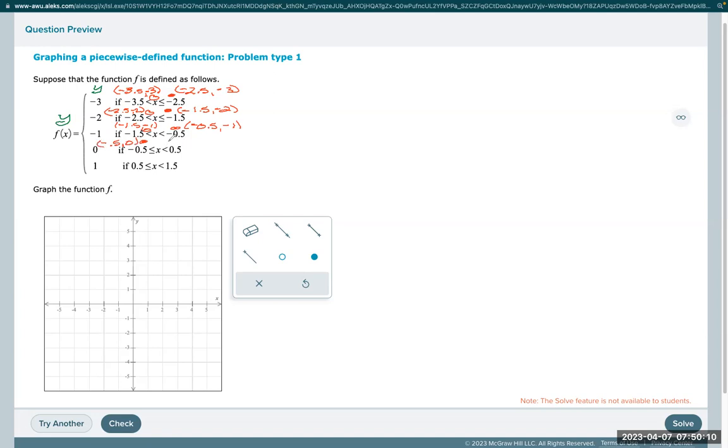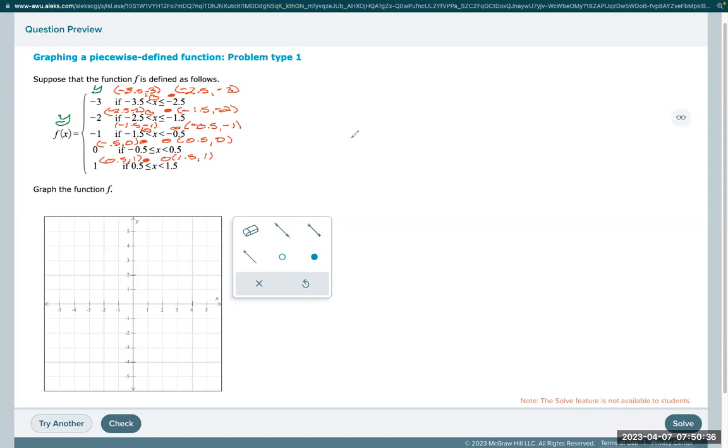And this one is an open circle at 0.5 and 0. My last row is at 0.5 and 1, because that's the row. It is a closed circle. And then I'm going to 1.5, and I have a 1, and that is an open circle.